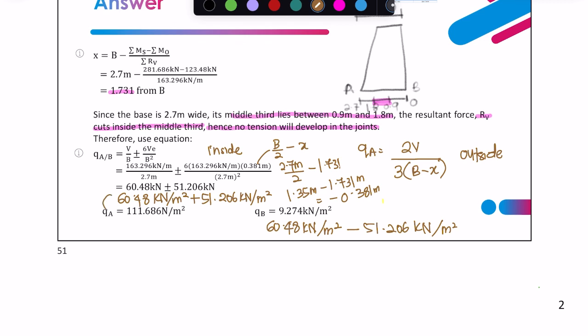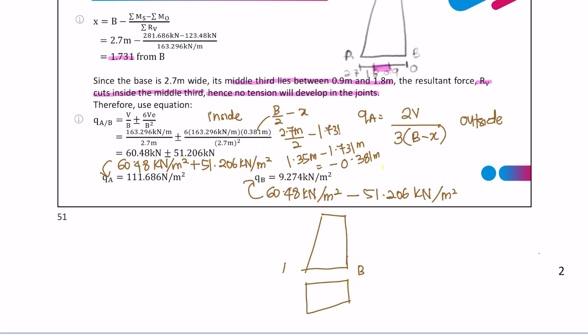Then you akan dapat the value for QA and QB. So pressure distribution dia will look like this. This is B, this is A. The value at A is 111.686 kilonewton per meter square and the value at B is 9.274 kilonewton per meter square. So kita dah dapat the ground bearing pressure.